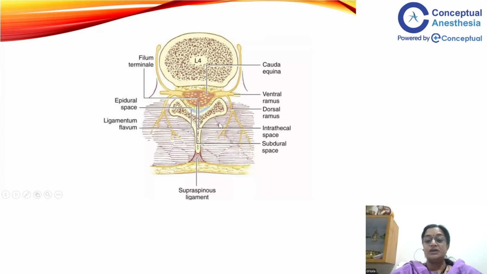And after that, you enter the subdural space. You can see the dural lining, and then you enter the dura, that is the intradural, intrathecal space here. You can understand the filum terminale here, and the ventral and the dorsal root ramus.